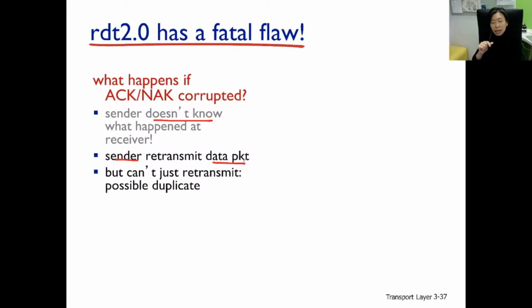Would that work? If the corrupted feedback is a NAK, then hey, this addressed the issue, isn't it? If the corrupted feedback is an ACK, then this actually creates duplicates. So the receiver side, in case an ACK feedback is corrupted, might have duplicate data.